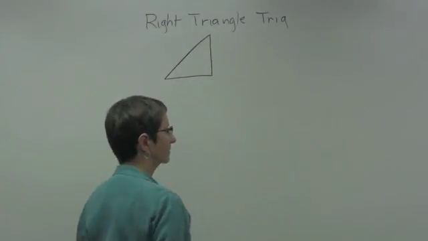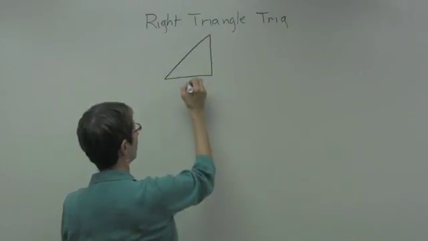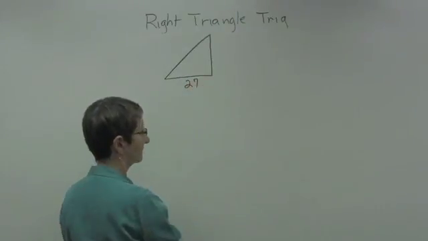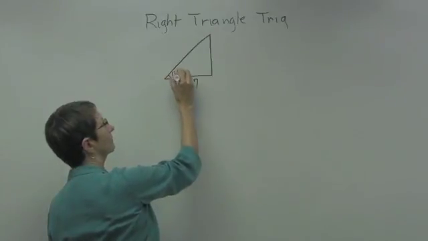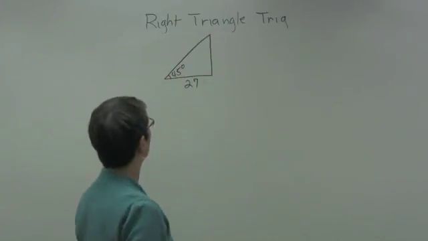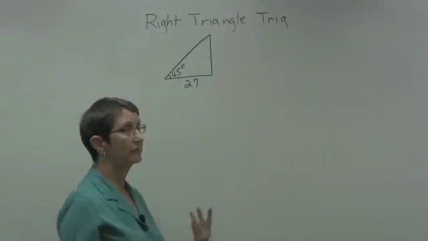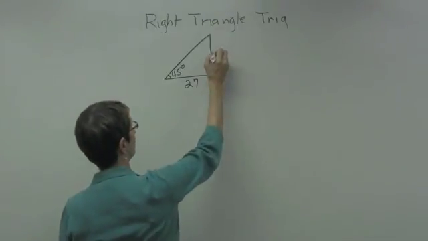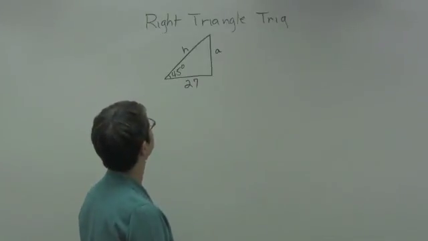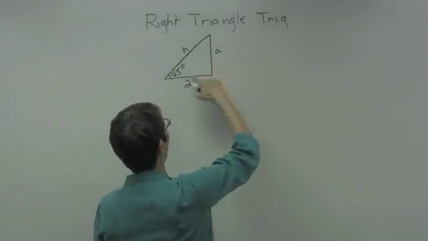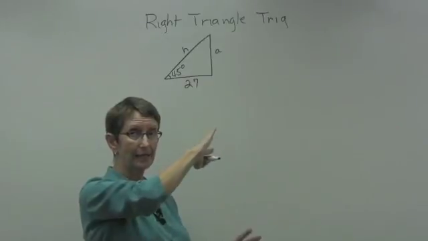Okay, now this right triangle, B is 27, and let's put my 45-degree angle right here. This is going to be another 45-degree angle. And I want to find A and H for this one. Okay. I have the adjacent side, adjacent.